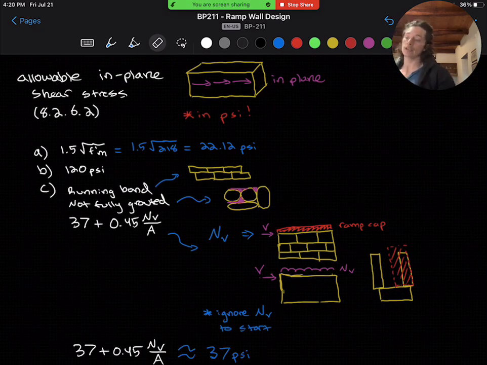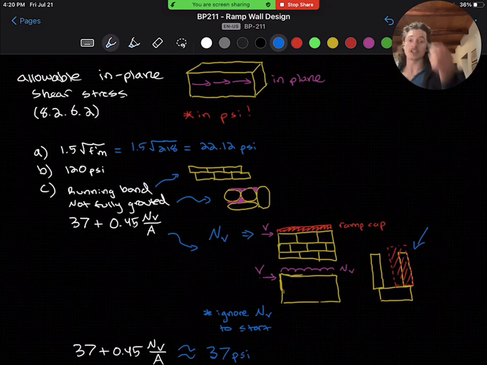Conservatively, we can ignore this force, because it's almost negligible for us, or we can take the self-weight of the strip of ramp cap laying across the top of the wall, which I've drawn out here. But condition A is always going to govern in this case over condition C, so there is no use in really sharpening the pencil on that calculation, because as long as it's 37 psi or greater, condition A will govern at 22.12 psi.